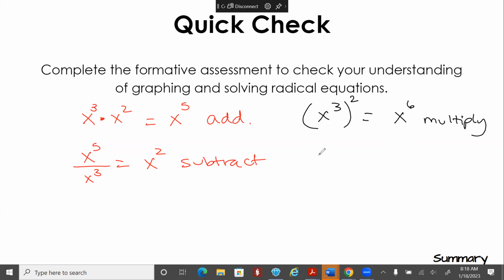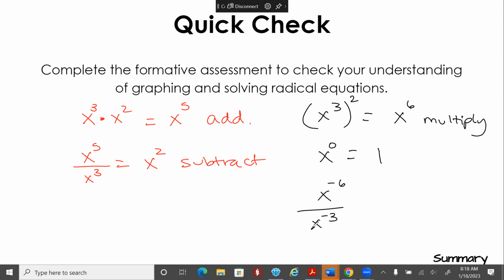Okay. If you have x to the 0 power, what does that equal? 1. Because anything raised to the 0 power is going to equal 1. If you have a negative exponent, what are you going to do? Negative exponents do what to the fraction? Flip the fraction. Okay, now one thing I do want to be careful on is if I have a negative exponent in the top, that means this guy's going to go to the bottom.